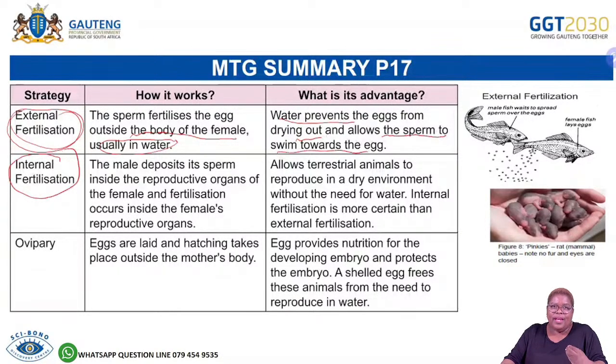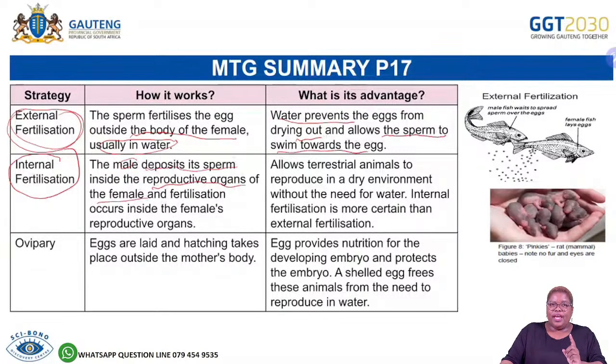We need the female reproductive organ. We need the male reproductive organ for internal fertilization to take place. Now what actually happens there? How is it working? The male is going to deposit the sperm inside the reproductive organ of the female, right?